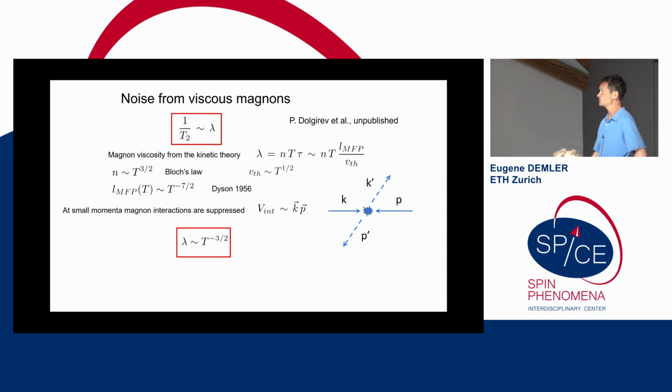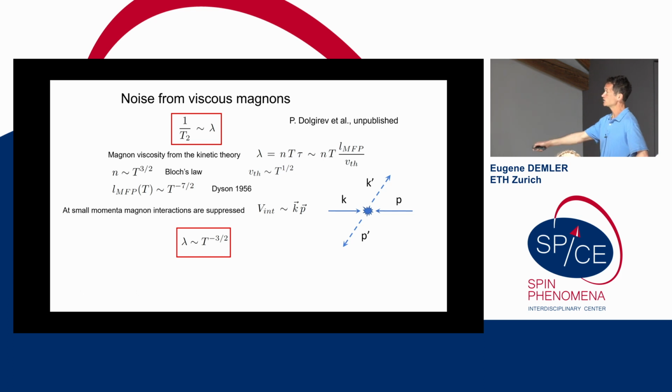And this has to do with a very unusual property: the interaction of two magnons decreases as we go to lower and lower energies of magnons. So if we have two magnons with wave vectors k and p, then their scattering amplitude will be proportional to these two momenta. So we plug this into our expression.